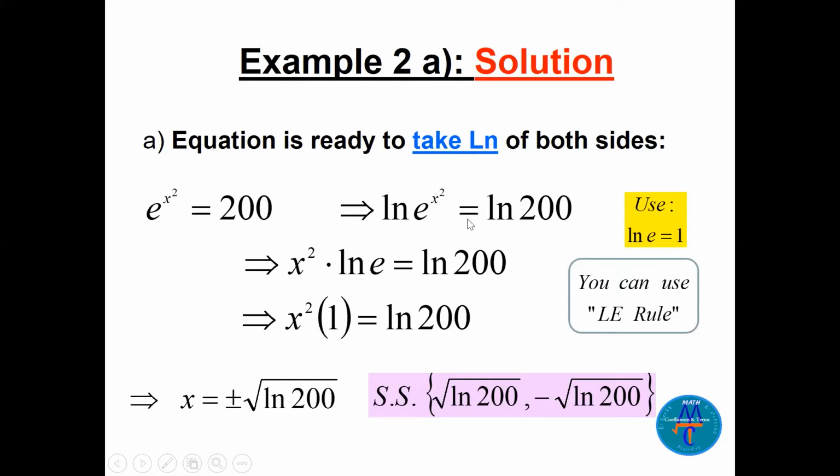Now we can use the properties of logarithms. So we bring x squared down, and ln of e is 1. So x squared will be ln of 200. That's a number by itself, so we leave it. Now take the square root of both sides. x will be plus or minus the square root of ln of 200. So these are the solutions.